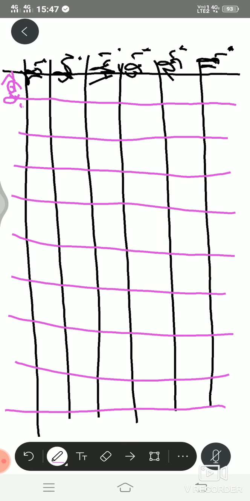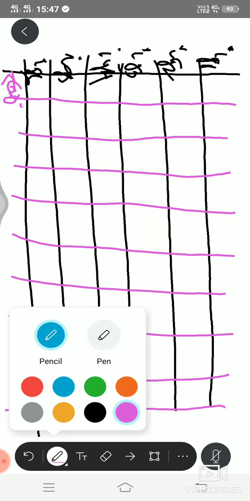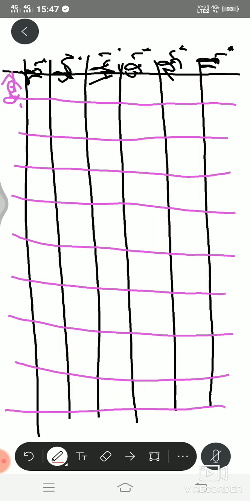So say for the first one, gate pulse Ig1, that is gate pulse for thyristor 1. Let us draw it.